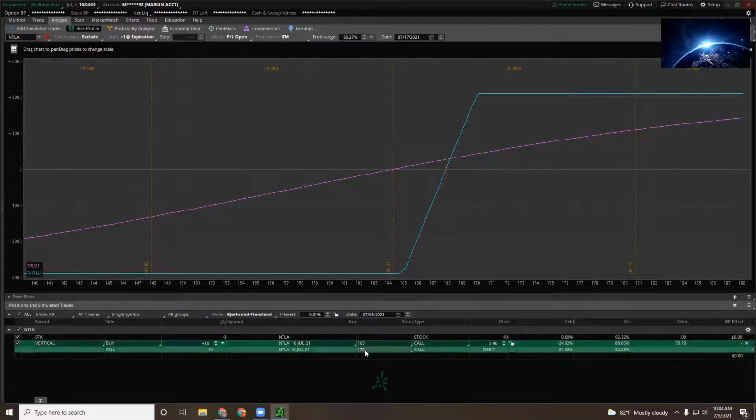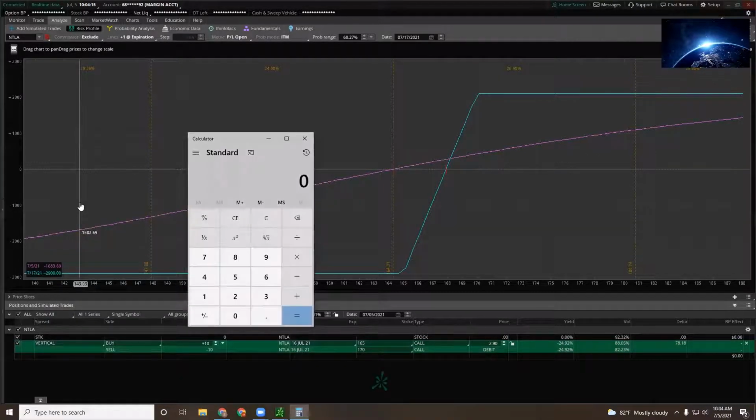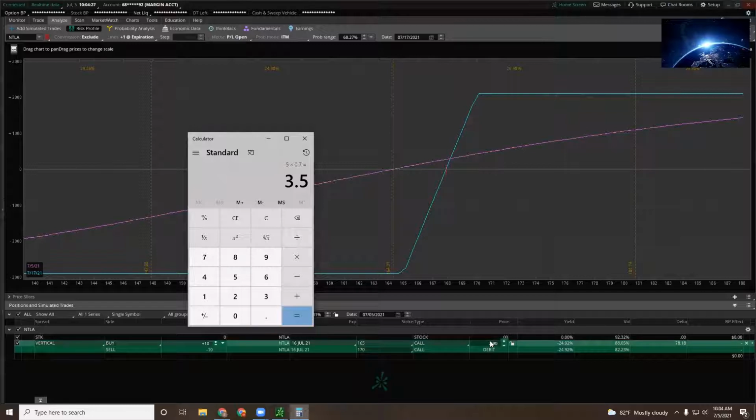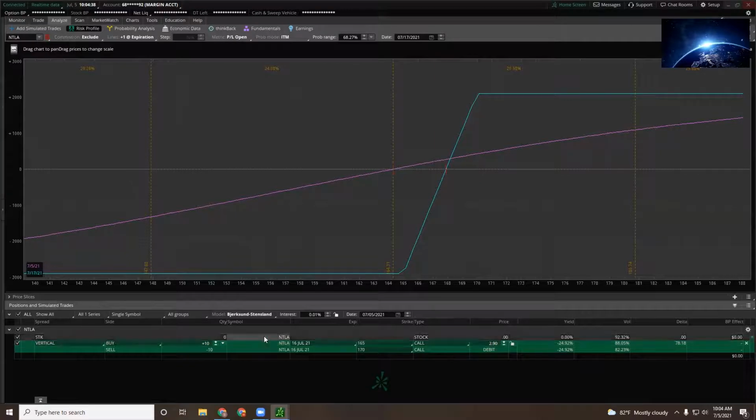I am going to immediately place an exit trade: 5 times 0.7 is 3.5. So I am going to buy it at 2.9 and sell it back at 3.5. That is how you close a debit spread.